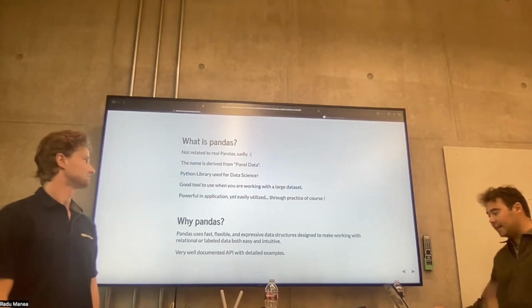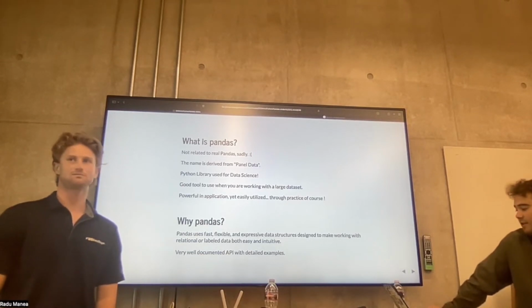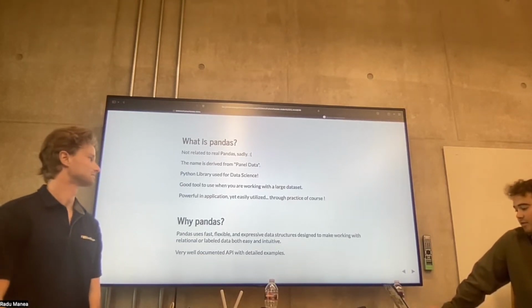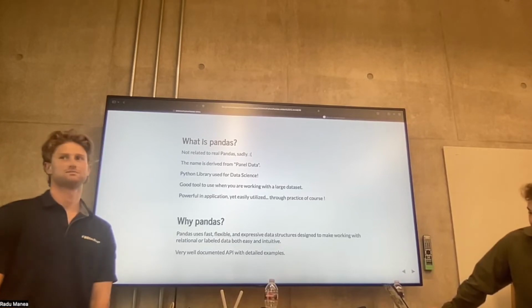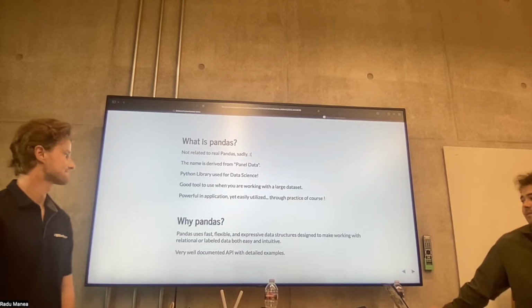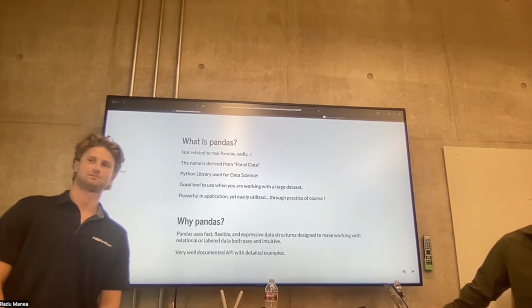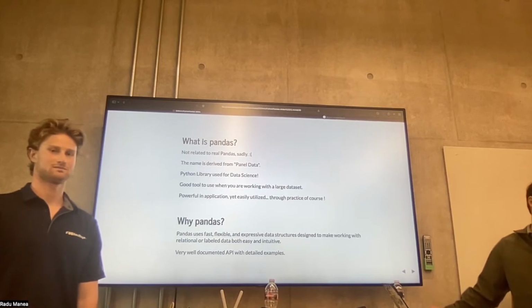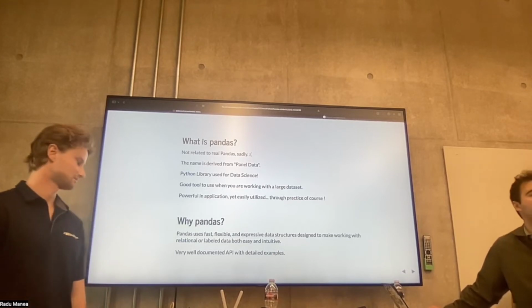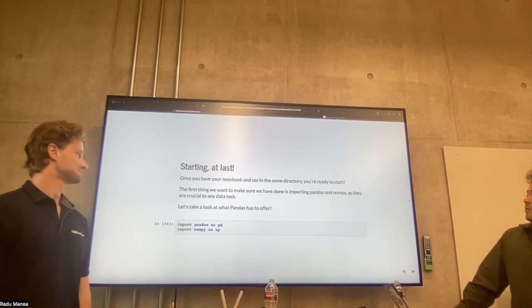And why pandas? Pandas uses fast, flexible, and expressive data structures designed to make working with relational or labeled data both easy and intuitive. Also, the pandas API is super well documented. They have plenty of detailed examples of how to use each function and how to work with large sets of data. So let's learn a little bit more.